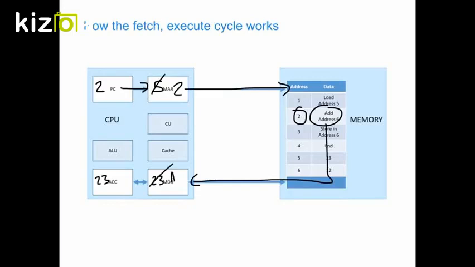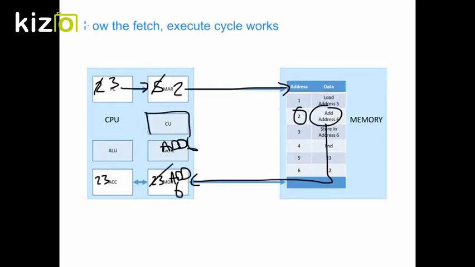So this is add what is in address 6, not add 6, but add what is in address 6. A copy, of course, is stored in our cache, and we need to increment our program counter so that becomes 3.